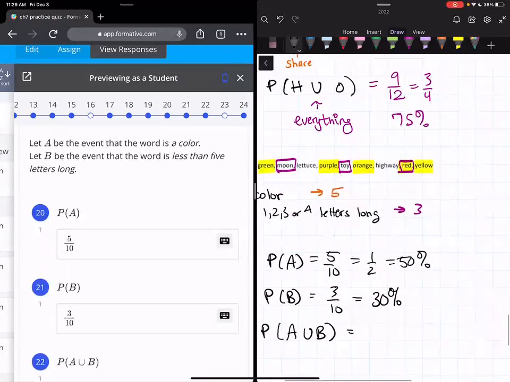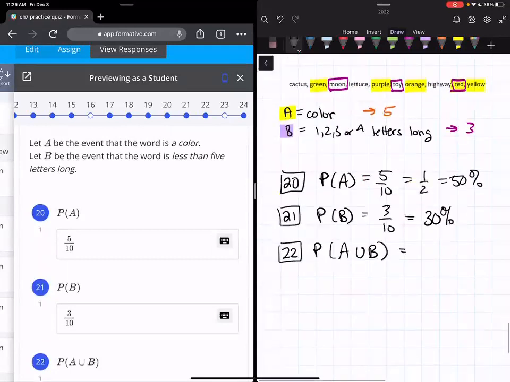Okay, so what does this union symbol mean again? Everything included. So looking at our highlighted and boxed out list, should I give you a show your workspace for this one on the test? Would that help? So everything. If we include everything that could be in either set, how many of those are there?